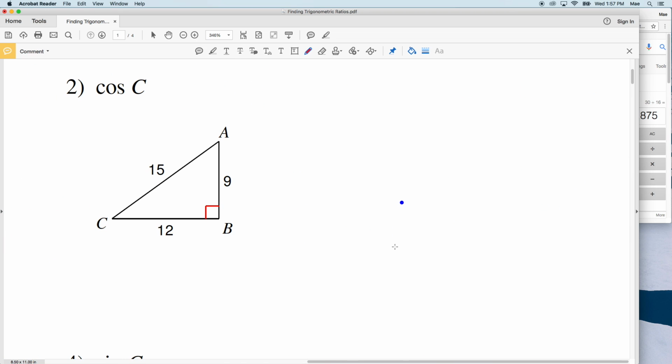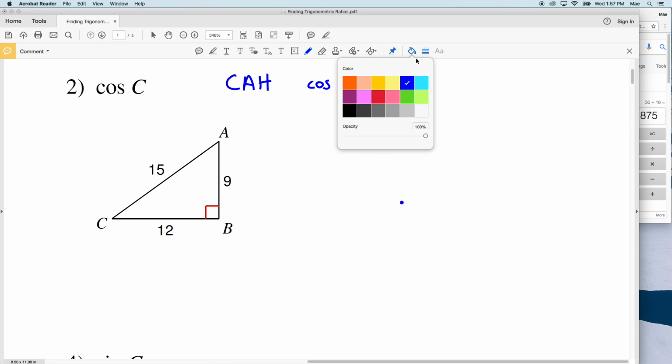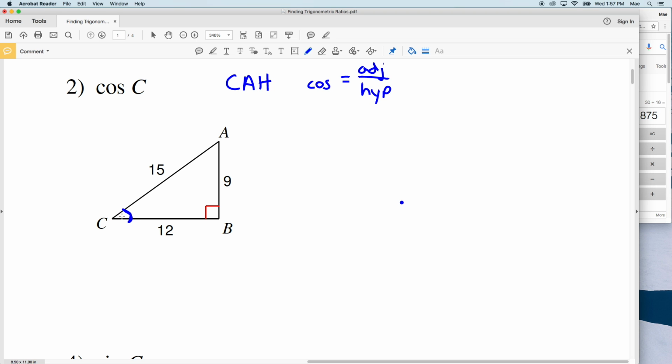Let's go on to number 2. 2 says the cosine of C. And we know that cosine, we're going to use CAH, which is cosine equals adjacent, that's our A, over hypotenuse, H. So the angle we're looking at is C. And remember, adjacent is the side that's touching it, that is not the hypotenuse.